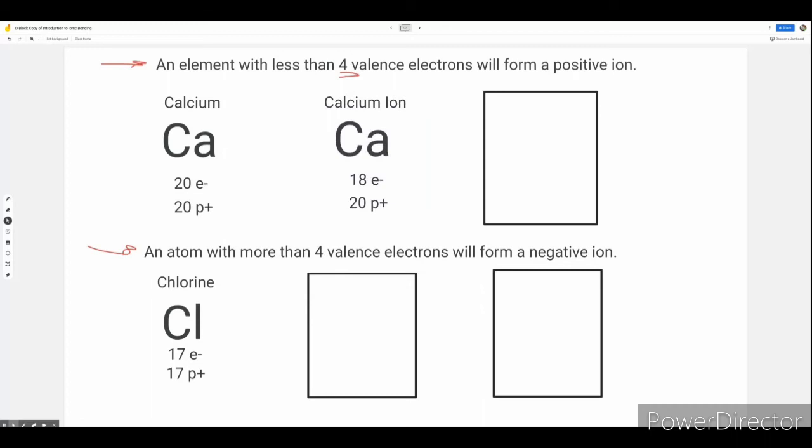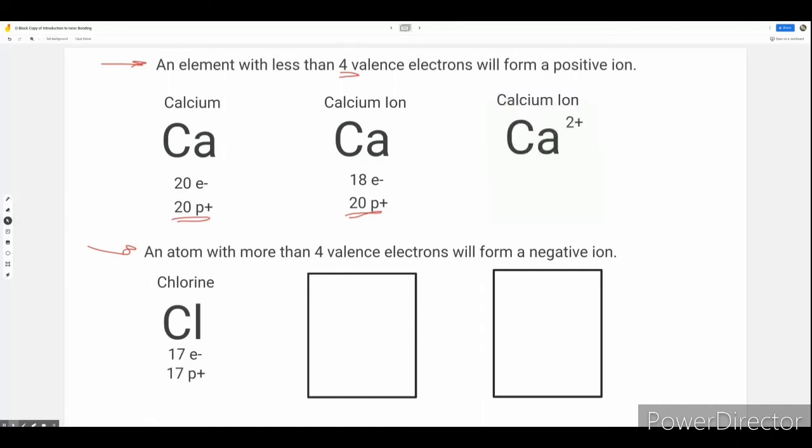So it goes from 20 electrons down to 18. This one gives away 2. The other ones we showed gave away or accepted 1. But it still has the 20 protons, which leads to a charge overall of +2. The number is equal to how many electrons were either gained or lost. It lost 2, it's got a charge of 2, and since it went down in electrons, it's a positive charge.